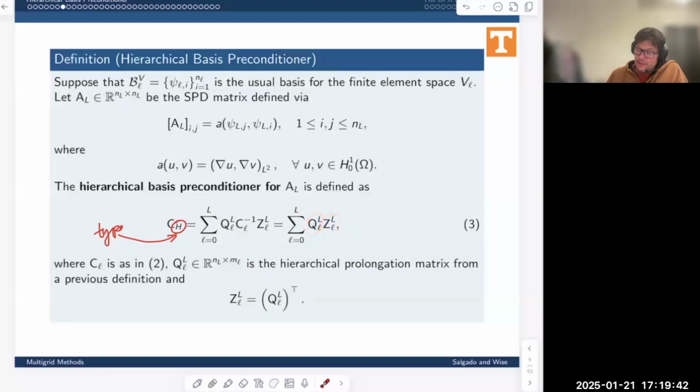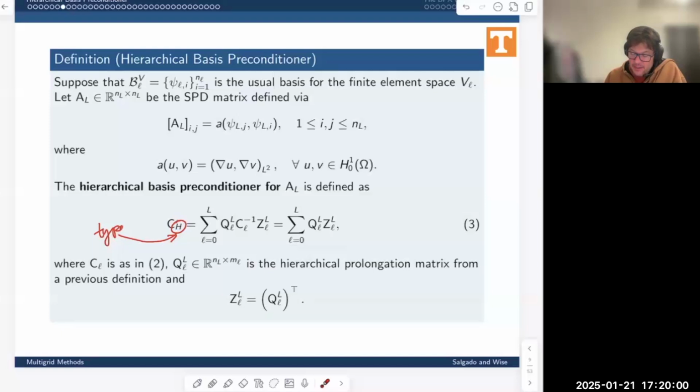Okay, so notice that the title of this chapter is Additive Preconditioners. So why is it called an additive preconditioner? The reason it's called additive is because of this sum right here, the fact that I can sum these guys up. That's the additive part. Why is it called a preconditioner?